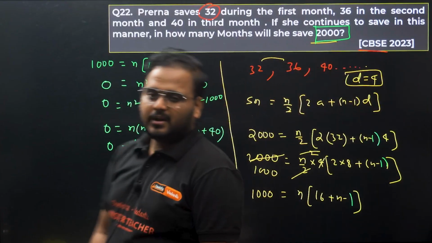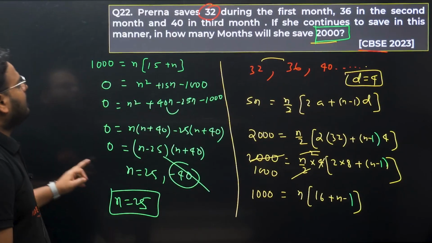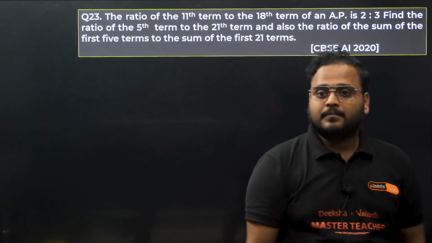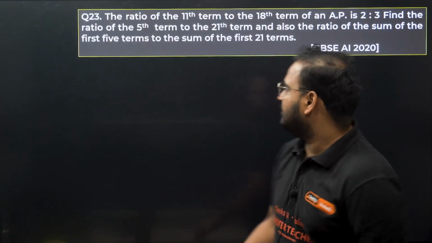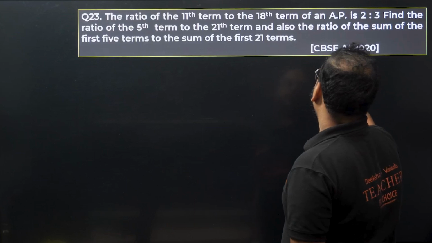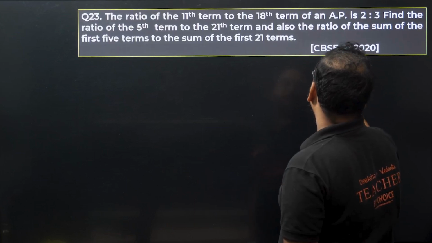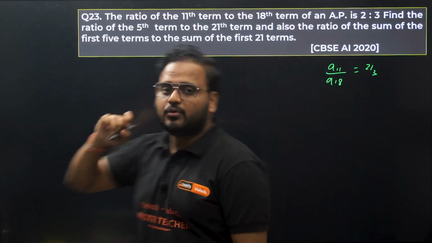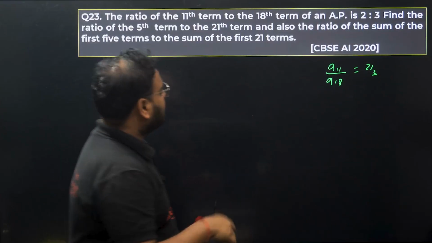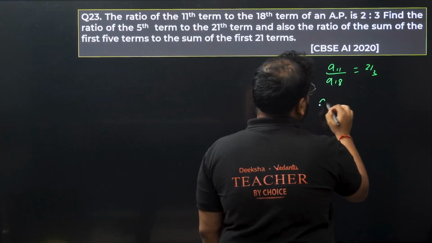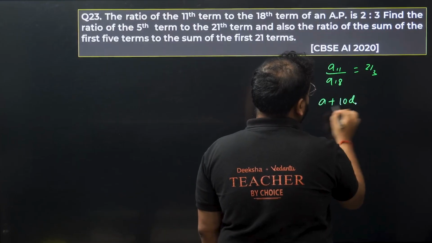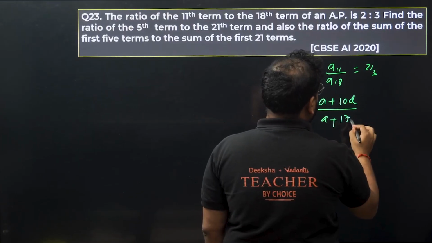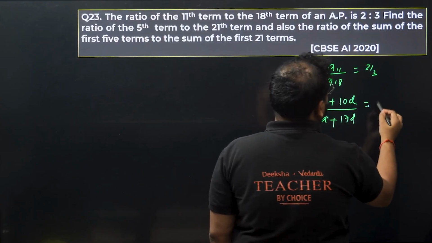Superb question. Can we ask it for 3 marks? Okay. The ratio of the 11th term to the 18th term of the AP, they've given that. They've given A11 to A18 is 2 by 3. Find the ratio of the 5th to the 21st. Later, we'll do that later. Right now over here, I have a plus 10d and here a plus 17d equals 2 by 3.